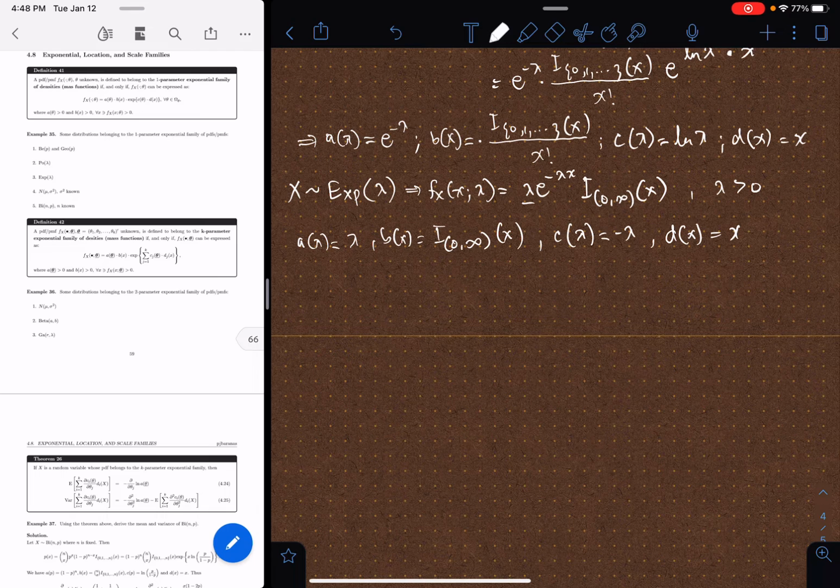So, to show that these three PDFs belong to the two-parameter exponential family, dapat alam natin kung ano yung mga density functions nila. And then, yun nga, we have to write their density functions as in the expression given in definition 42.